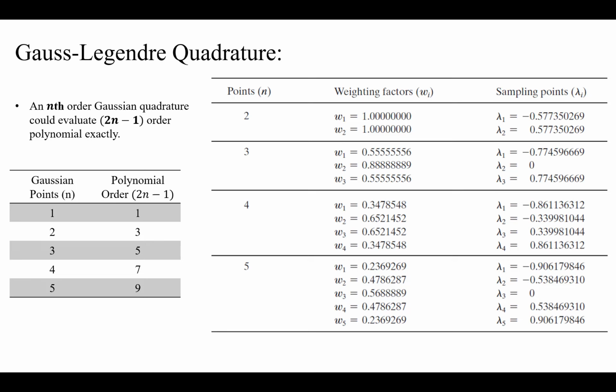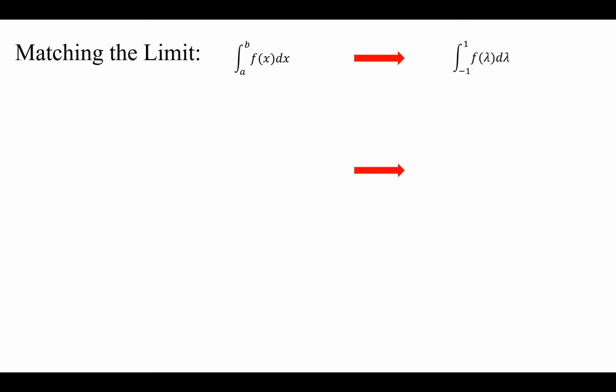If it's the fifth order, that means that if you're using 3 Gaussian points, you would get an accurate result. Of course, as always, you have a trade-off between accuracy and computational cost. The higher the number of Gaussian points you use, the more accurate you would be, but also your computational cost would go higher.